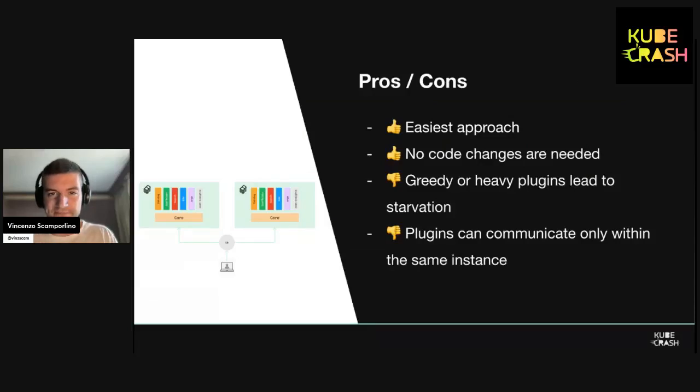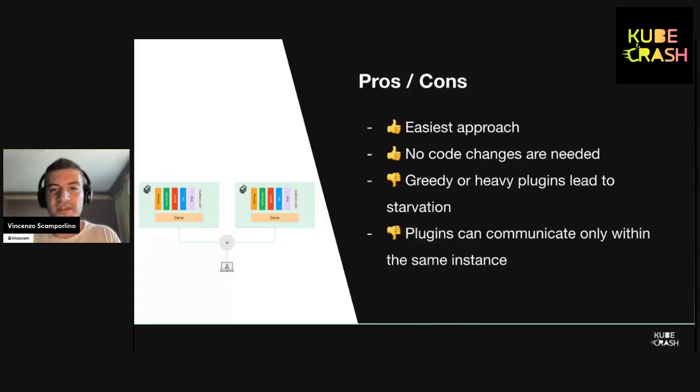It just works. But the downside is that if you have a plugin that consumes more resources than others, for example, receives more requests or consumes more memory or even steals the JavaScript event loop, that plugin can cause other plugins to starve to the point that they can't serve any request.